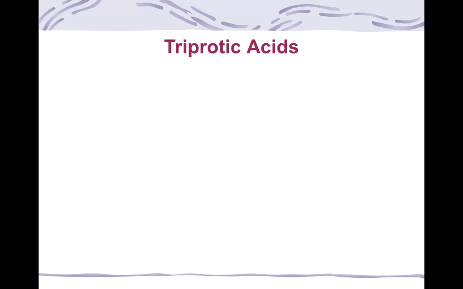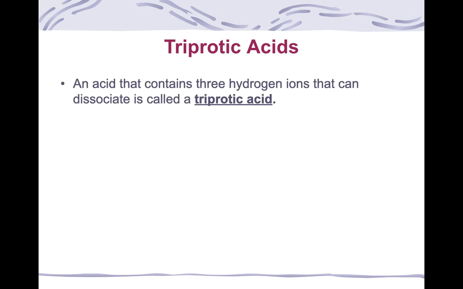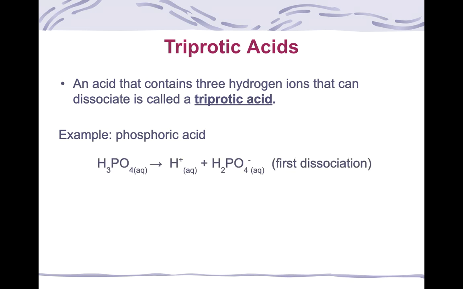And then if you had to guess, you would probably decide that an acid with three protons would be a triprotic acid. And so an example of this is phosphoric acid. And so it goes through three dissociations, right? So one hydrogen dissociates, and then there's an ion left.